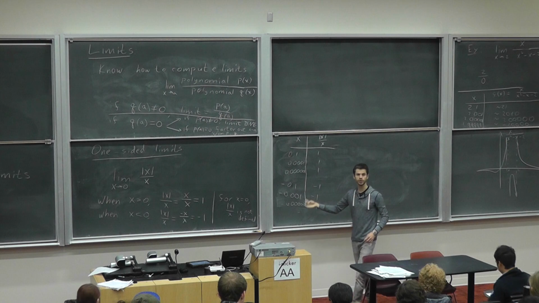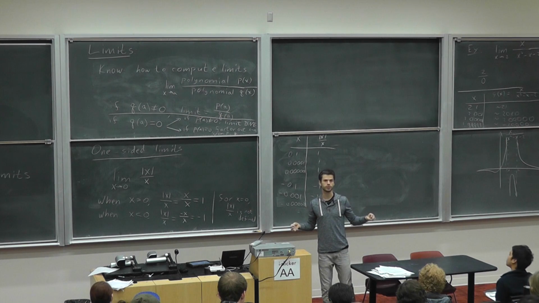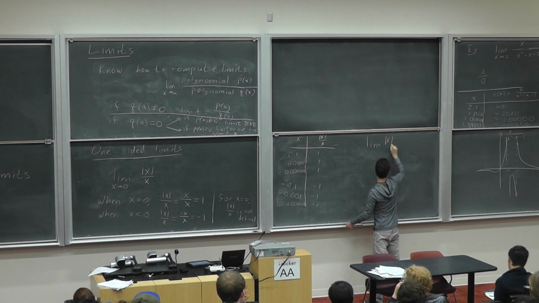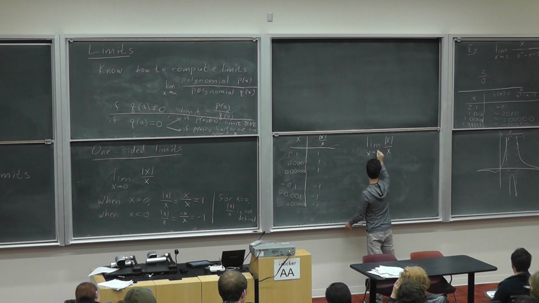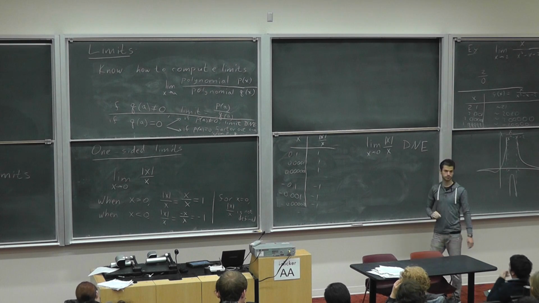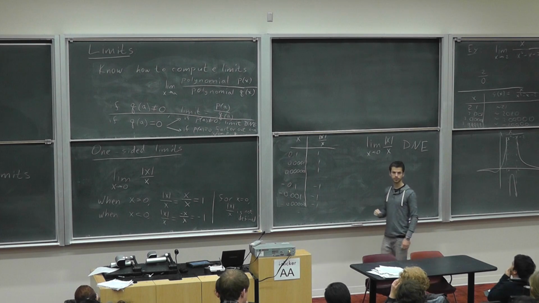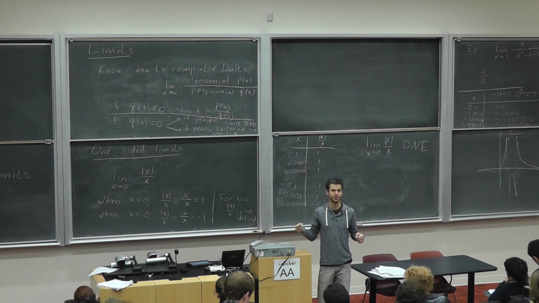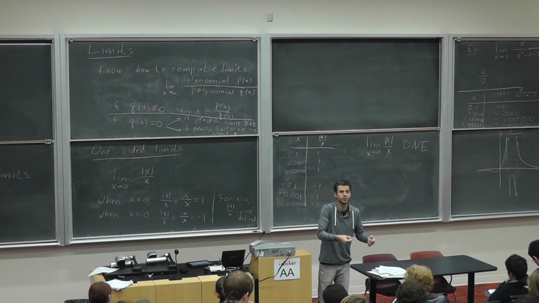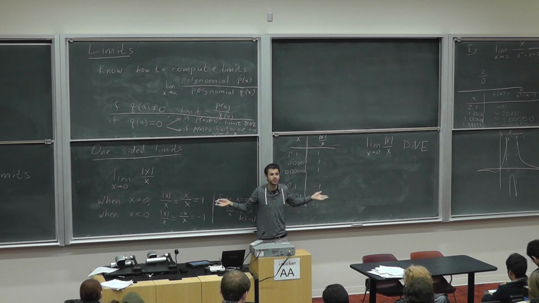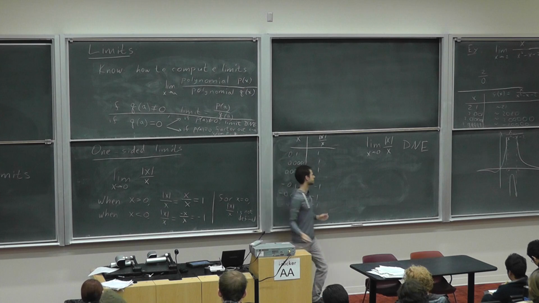On one side I get 1, on the other side I get minus 1. So I'm forced to say that this limit does not exist as well. I can't say that it's two different numbers, 1 and minus 1. I must give some number. Which one? Is it 1 or minus 1? Well, you can't tell. The limit does not exist.